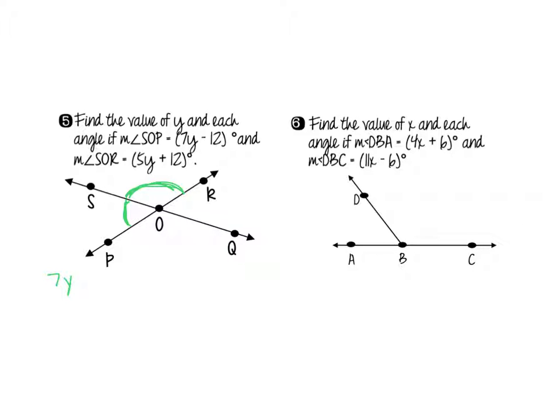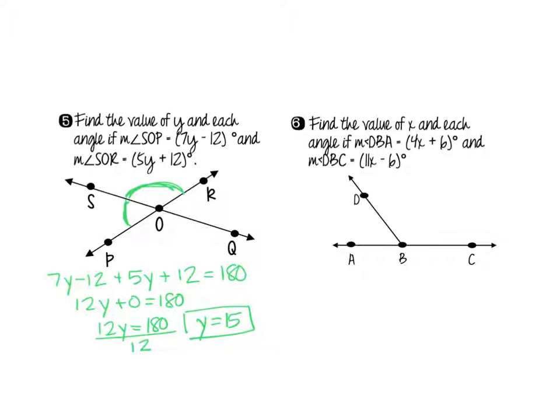So 7y minus 12 plus 5y plus 12 has to equal 180. So that's 12y plus 0 equals 180. And if I divide by 12, y equals 15.